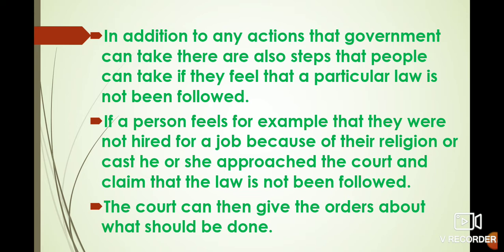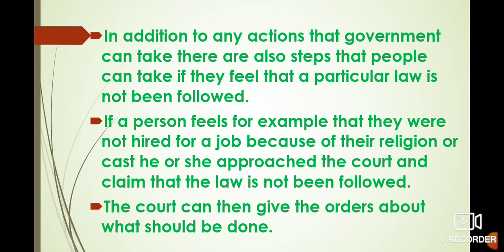We have learned that every citizen has been given equal rights in our constitution, right? So what happens if a person is not given a job because she belongs to a particular religion or caste? That person can approach the court and ask for justice.